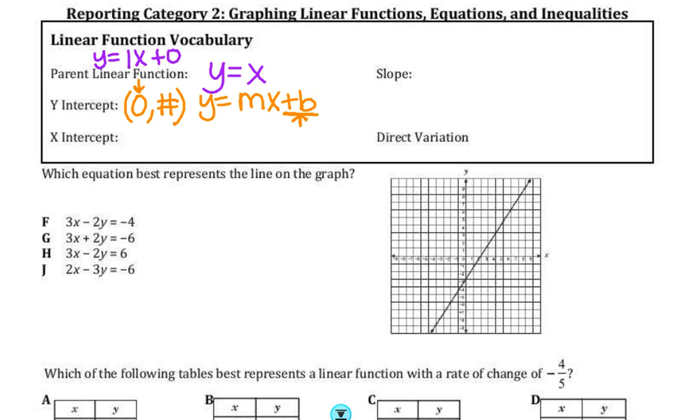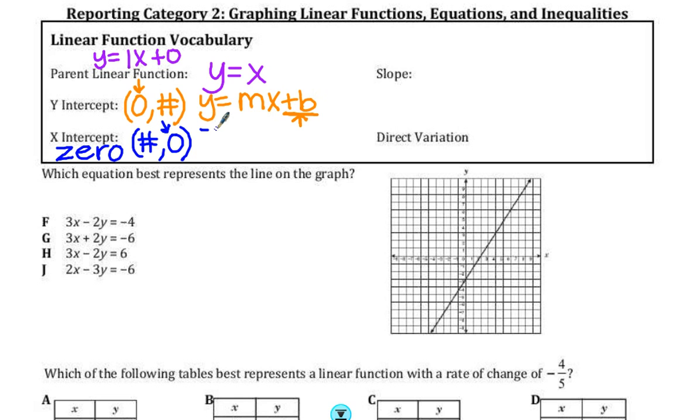Alright, so we're good with our y-intercept. With our x-intercept, another word for it is a zero, where it's crossing our x-axis, and it's similar, except it's going to be whenever y is equal to 0. So this tells me that I can plug in a 0 for y and solve to find out what x is.